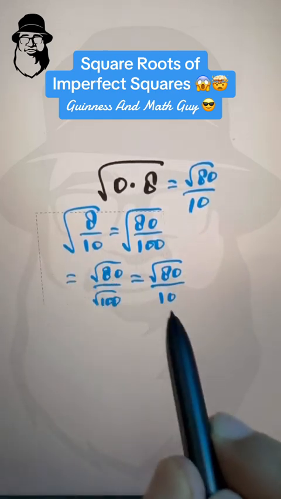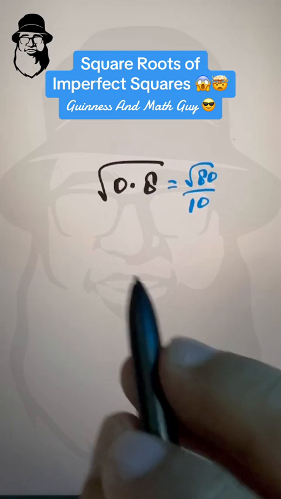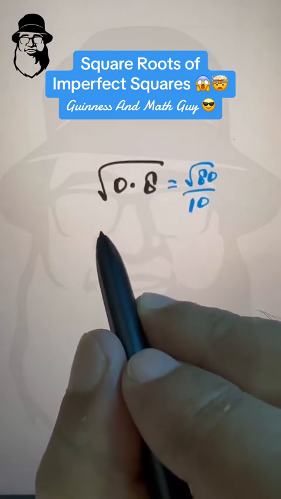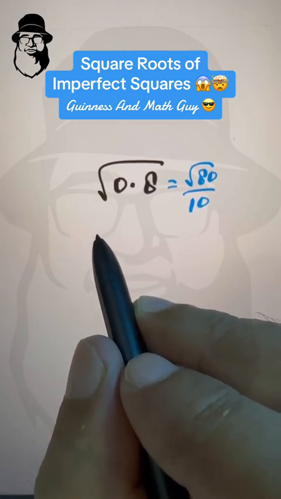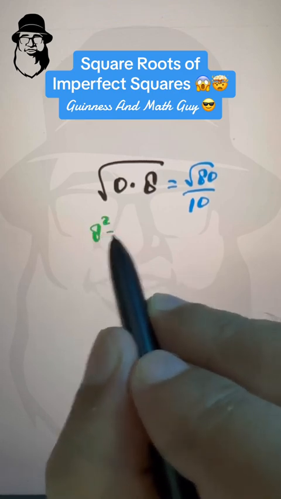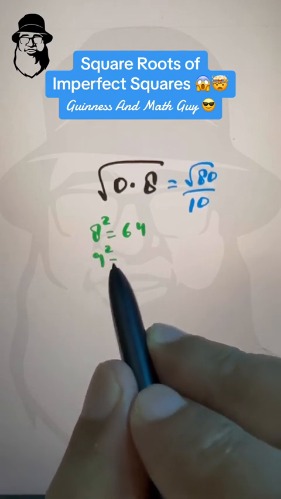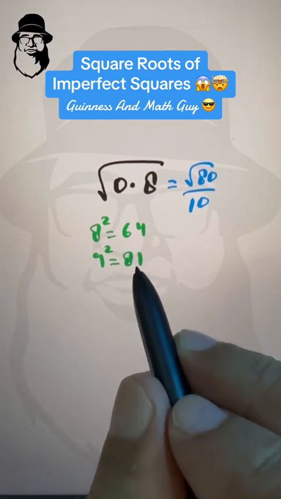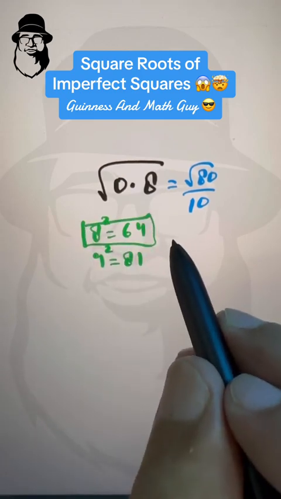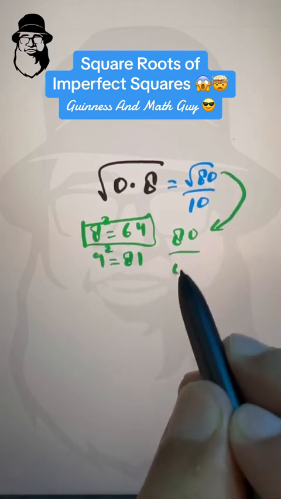Now we'll do the same process. Square root of 80: the nearest square, square of 9 is 81. So let's take square of 8, that is 64. Square of 9 is 81, which is bigger than 80, so we'll take this one. 80 we write in the numerator divided by 8.